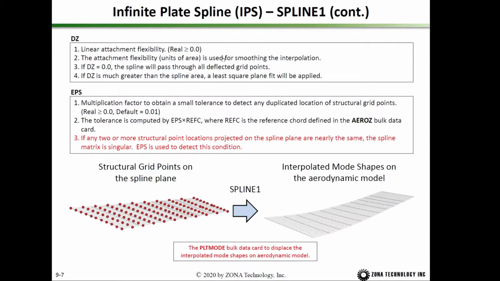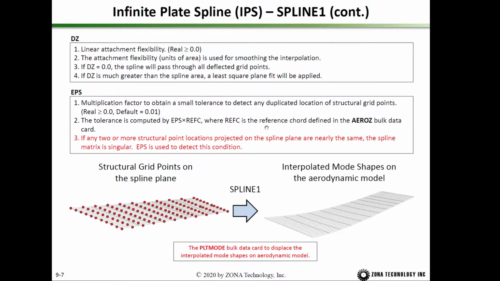For the CP spline, we need to activate the least squares method, so usually we need to define the DZ. But for the mode shape spline, usually you should put DZ equals 0. And EPS defines a small tolerance, and so the EPS times REFC.